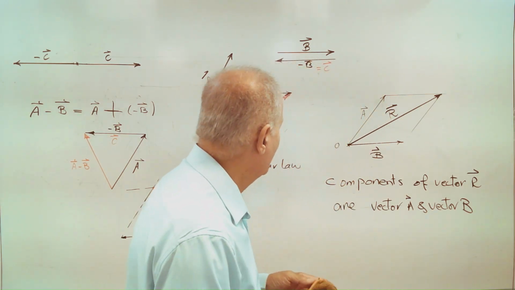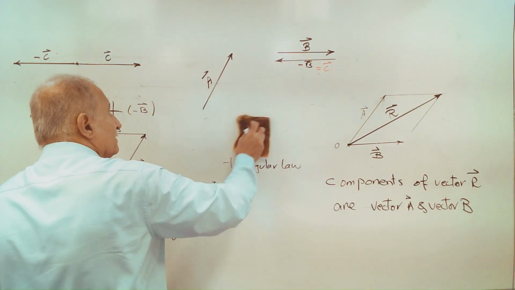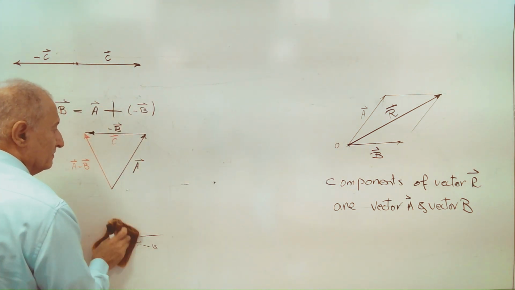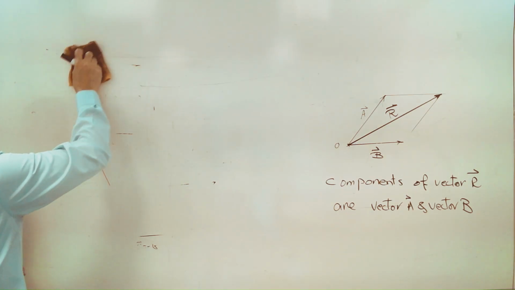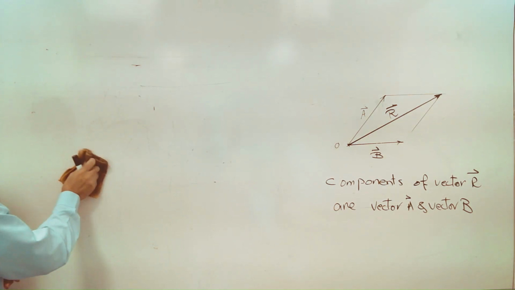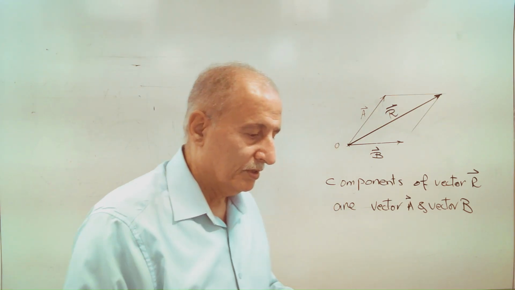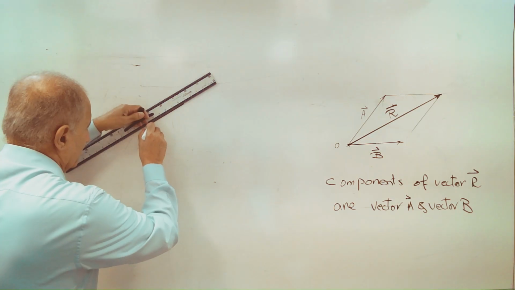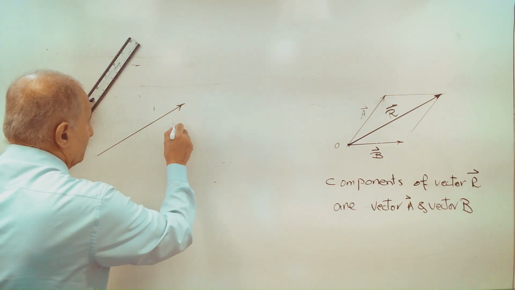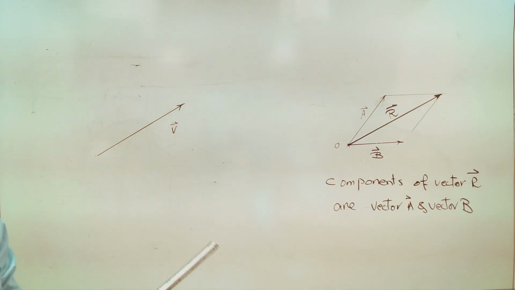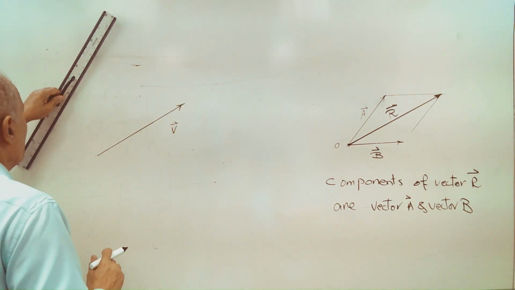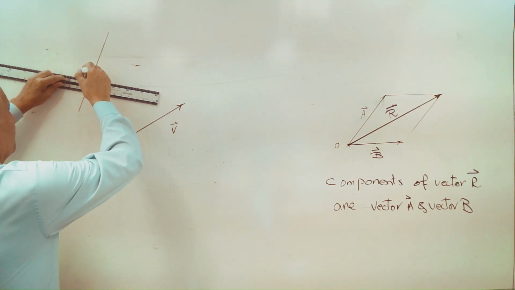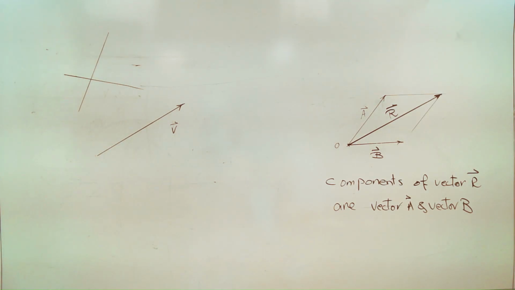For example, assume that we have a resultant vector V. We want to find its components along two directions.